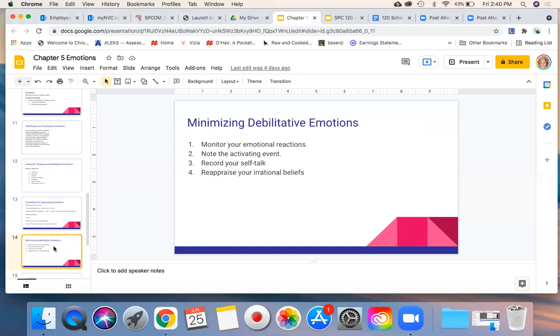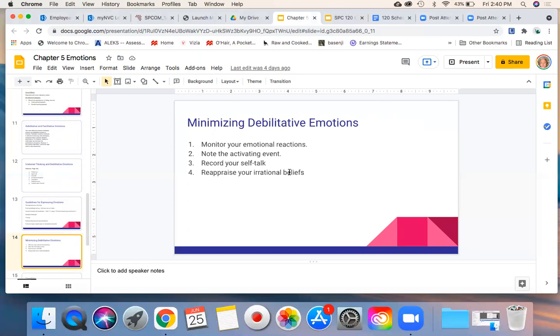So how do you minimize your debilitative emotions? Monitor your emotional reactions, note the activating event, record your self-talk, reappraise your irrational beliefs. We know now what irrational beliefs are. Recording your self-talk, sometimes you can just stop and be like, listen to how I'm talking to myself right now. I would never talk to someone else like that.